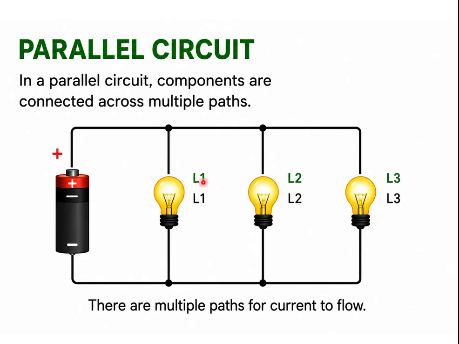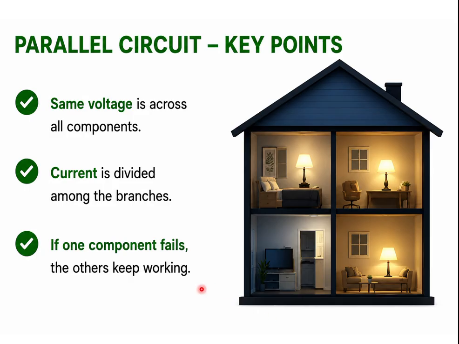If L3 is bad, current will still flow to L1 and L2. So in the case of a parallel circuit, there are multiple paths for current to flow. In a parallel circuit, the voltage is the same across all components. The current is divided among the branches, and if one component fails, the others keep working.